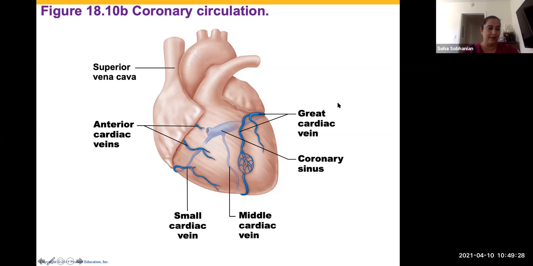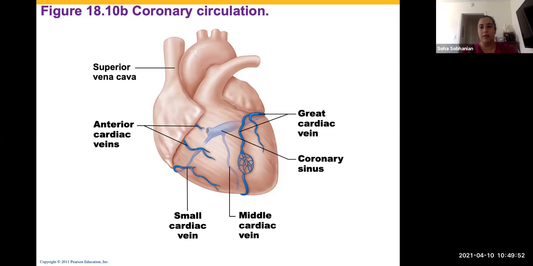So let me type a couple pieces of information for you. The anterior interventricular artery is parallel to your great cardiac vein.